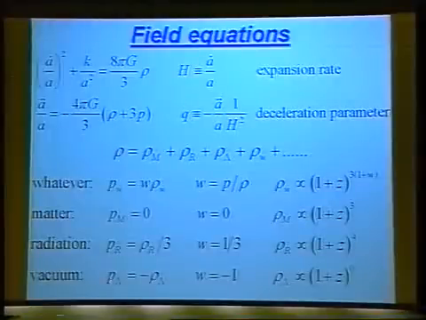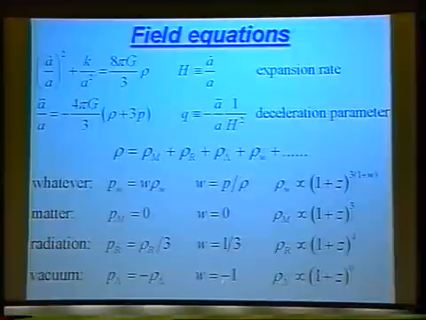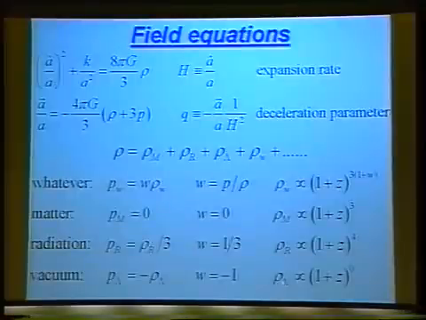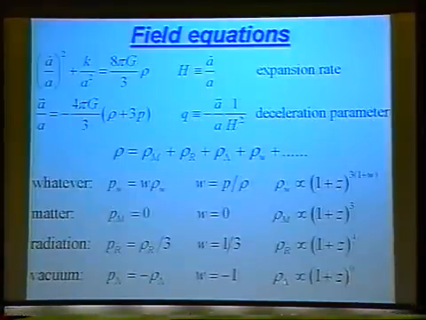If there is a vacuum energy or a cosmological constant, the equation of state is that the pressure is equal to the negative of the energy density. So W is equal to -1, and if W is equal to -1, the energy density in a cosmological constant is constant, right? It's a cosmological constant.